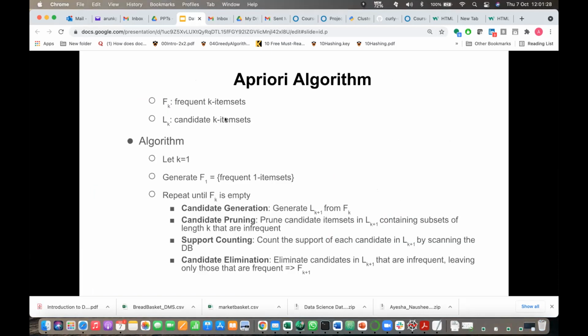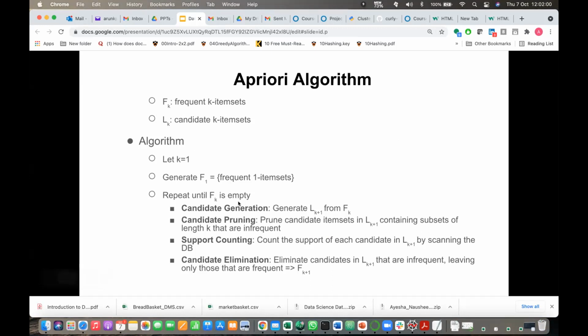So this Apriori algorithm, putting it stepwise. Terminology: capital Fk means frequent k item sets, small Lk means candidate k item sets. Candidate k item sets means those which are eligible to be processed further. Fk means how many frequent k item sets are possible. So the algorithm: let k equal to 1, generate F1, all frequent 1 item sets you need to find in the beginning.